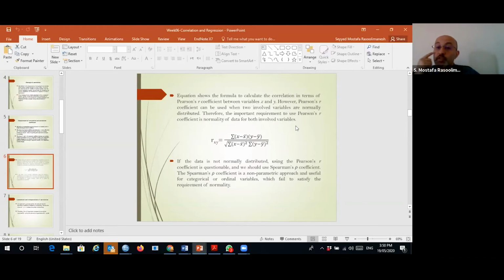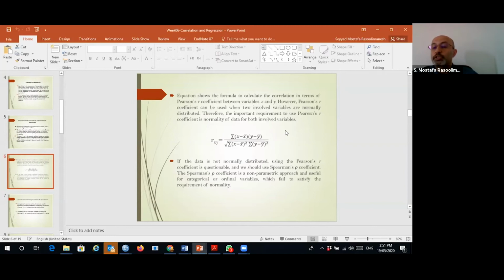We have at least two different formulas to calculate correlation. If our variables x and y are normally distributed, we can use the Pearson correlation coefficient. But if x and y are non-normal, we need to apply a non-parametric method.